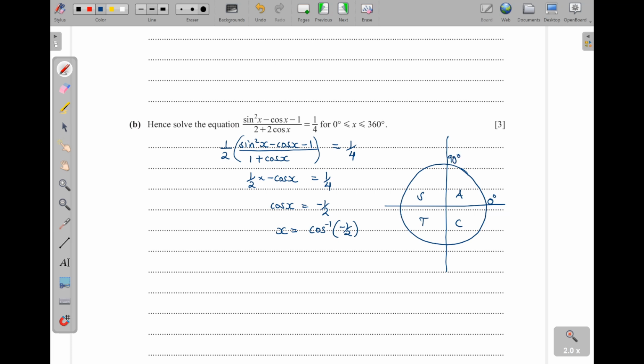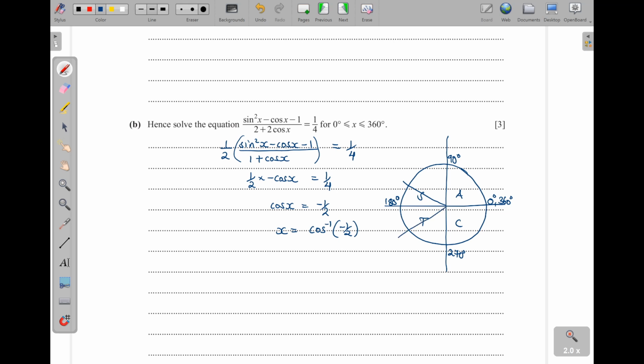In the second quadrant, only sine is positive. In the third quadrant, only tan is positive. And in the fourth quadrant, only cosine is positive. Since this one is negative, we go to the quadrants where cosine is negative. That has to be the second quadrant and the third quadrant.